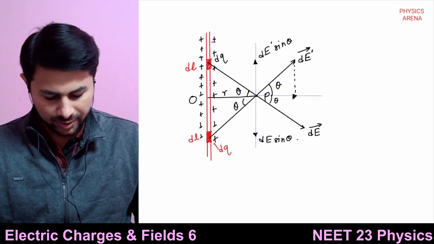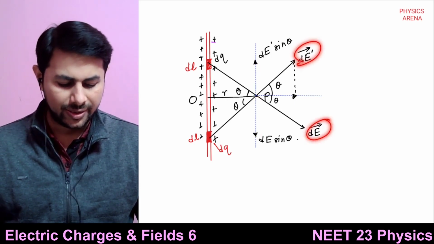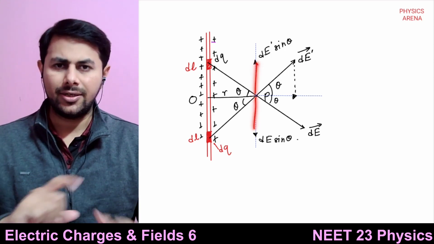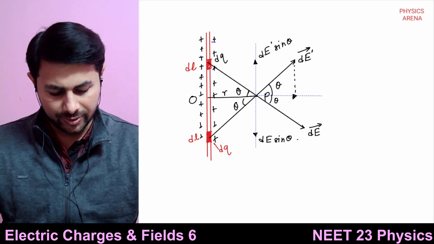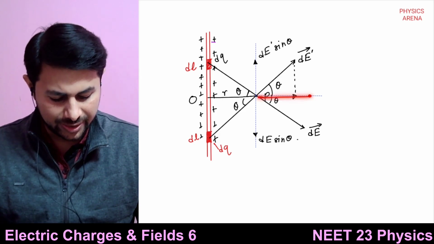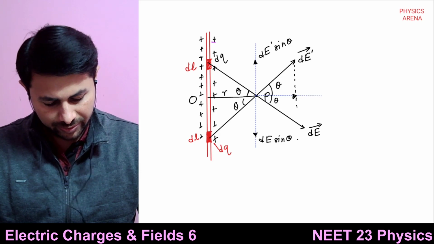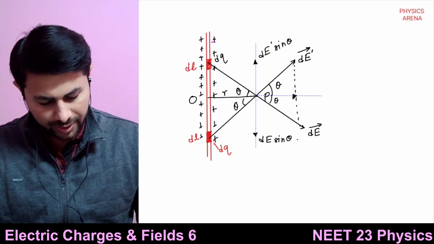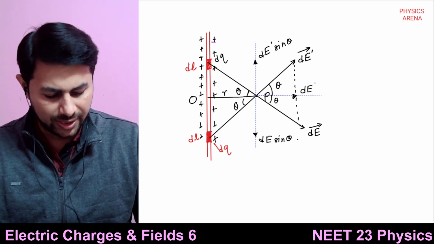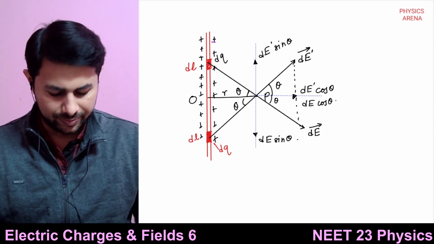These components get cancelled out because dE bar dash and dE bar have the same magnitude, but these components are directed opposite to each other. So they get cancelled out and the net electric field due to these two length elements will be in this direction. How much would be the net electric field? It will be the addition of the horizontal components of dE bar and dE bar dash. So it is dE dash cos theta plus dE cos theta.